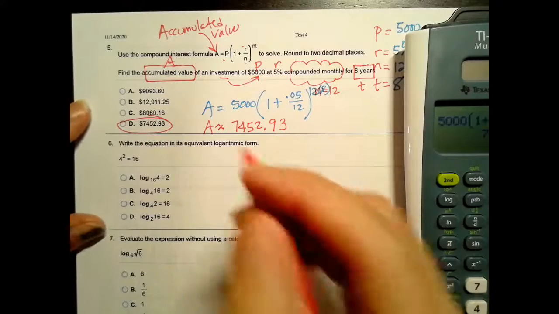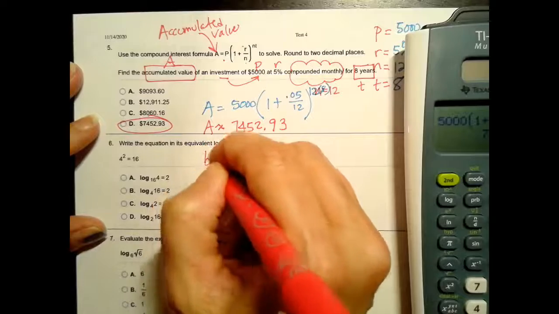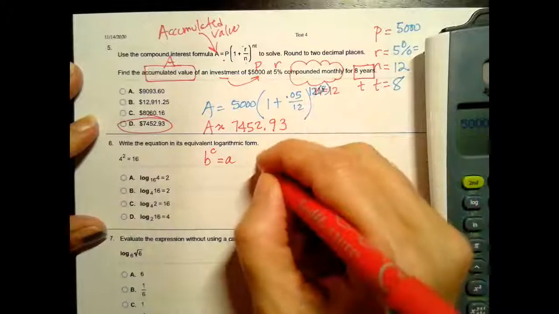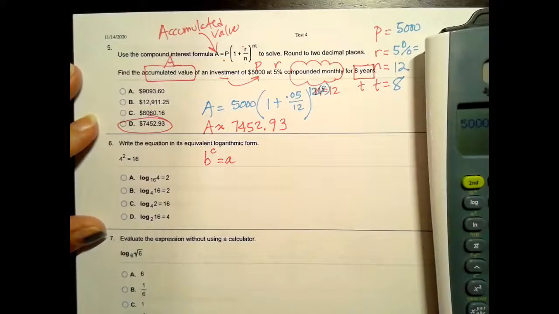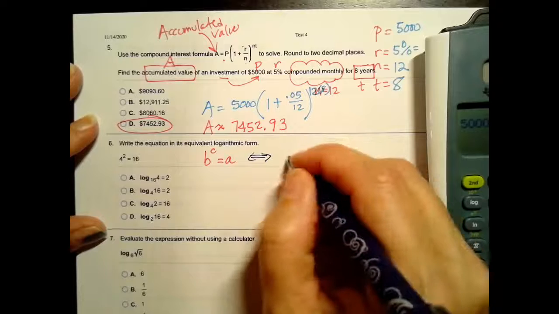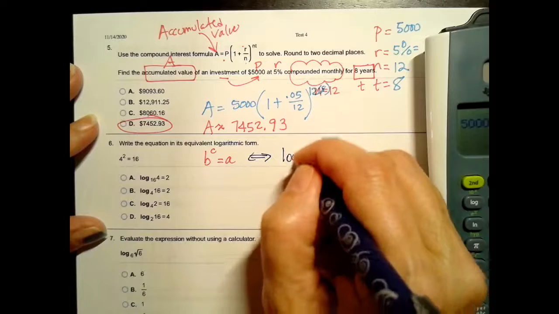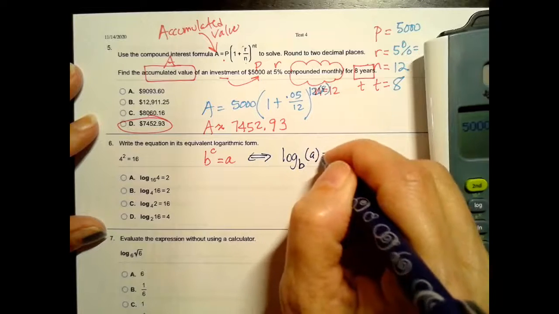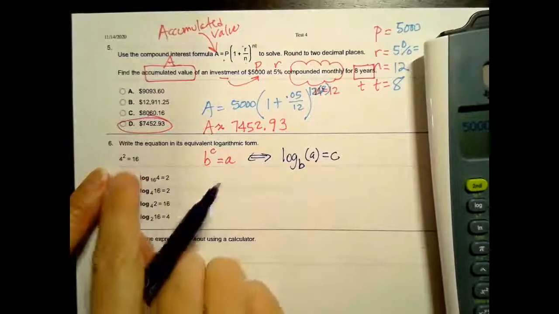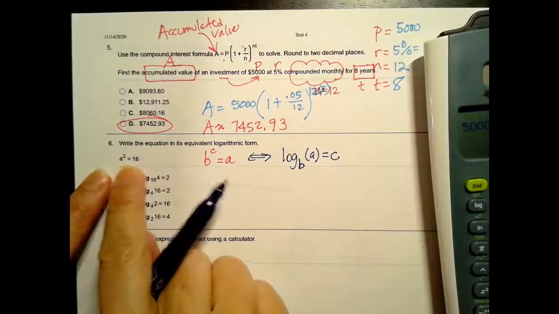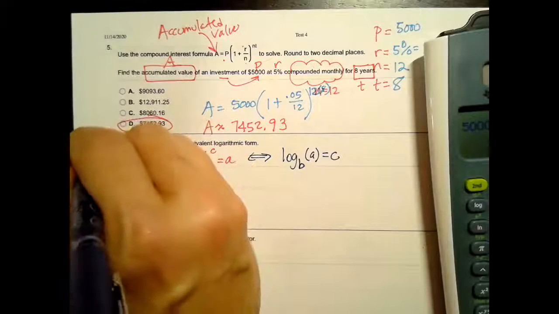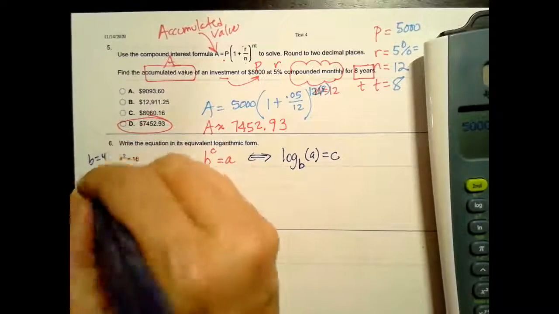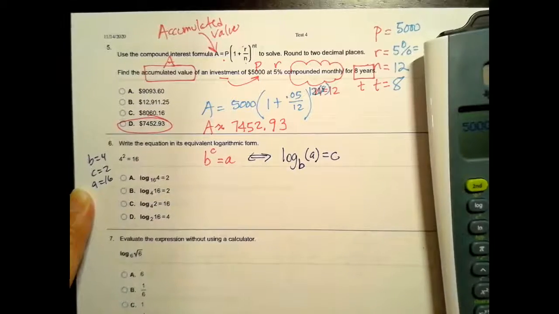What we need to remember is that if we have a base raised to a power equal to something, then I can write its equivalency in log form, which would be log base B of A equal to C. Looking at what we're given, B is 4, C is 2, and A is 16.